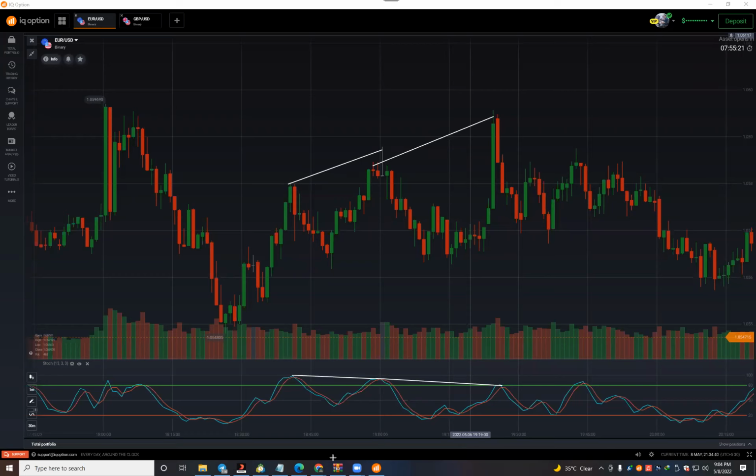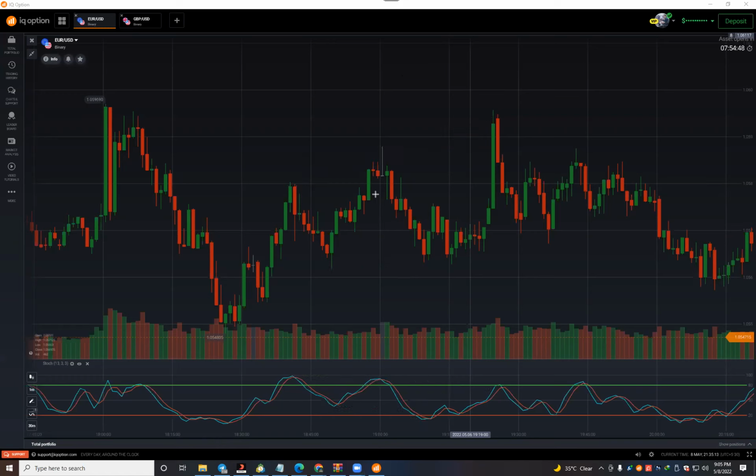So when the price is pointing upward and the stochastic is pointing downward, here the price is pointing in this format, and here it's pointing downward. So that is your divergence.